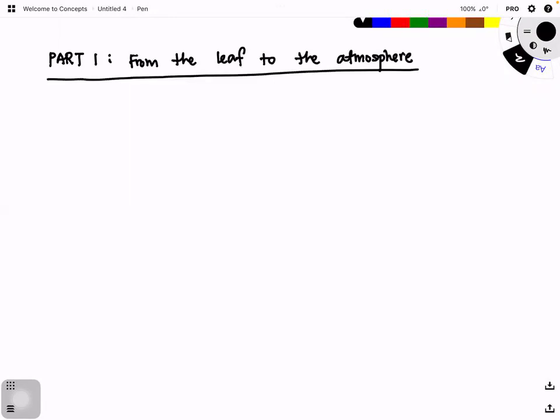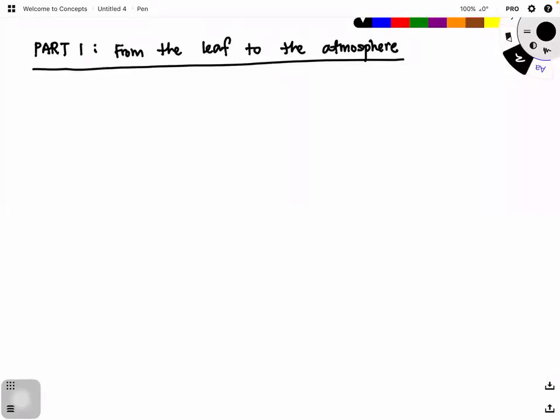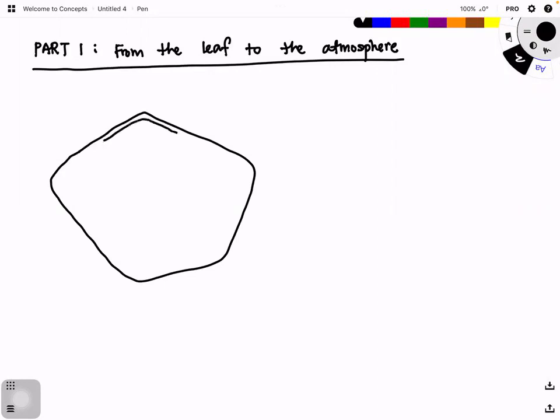Okay, so let me draw out the tissues here. First of all, we have this xylem vessel element. Okay, so xylem vessel elements: thin wall, thin primary cell wall. And then we do know that they are lignified, right?